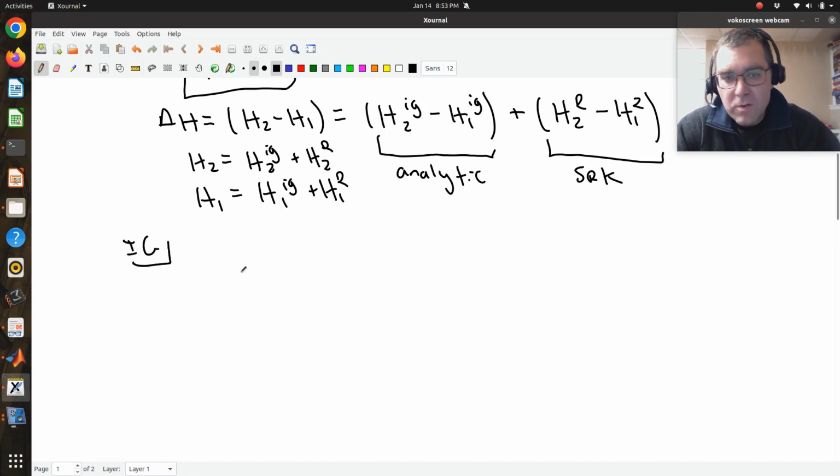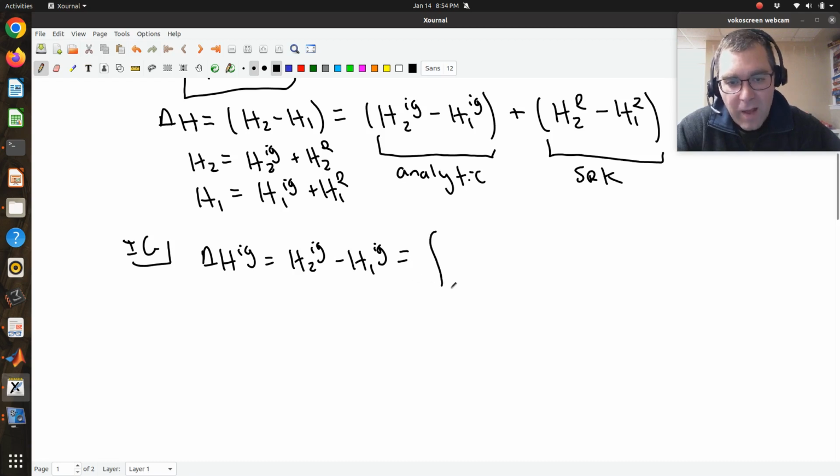Delta H ideal gas is H2 ideal gas minus H1 ideal gas, and enthalpy of an ideal gas is only a function of temperature, so that's the integral from T1 to T2 of Cp ideal gas dT.